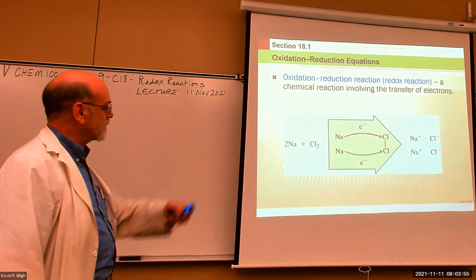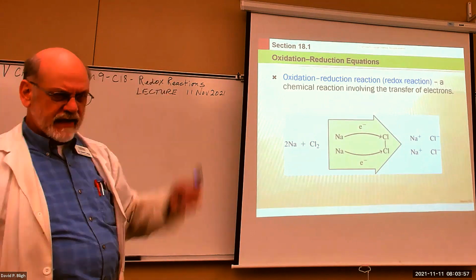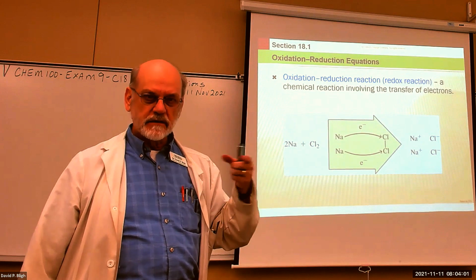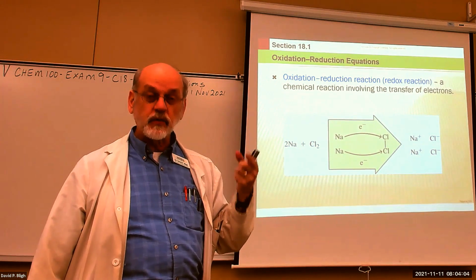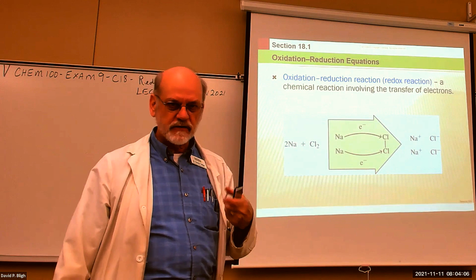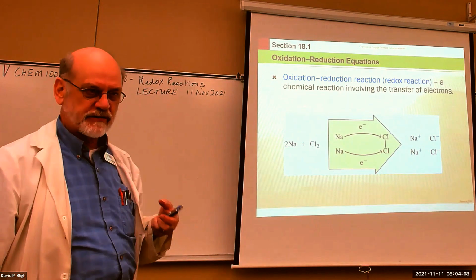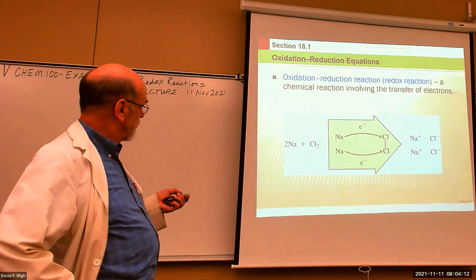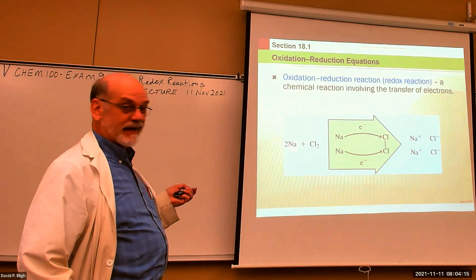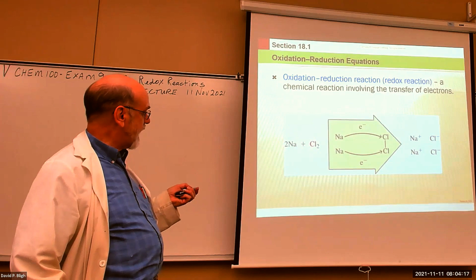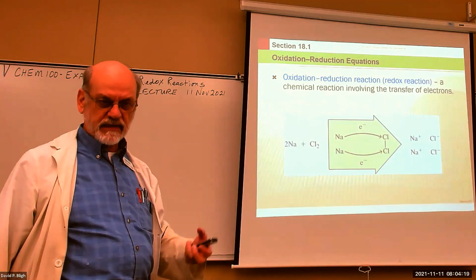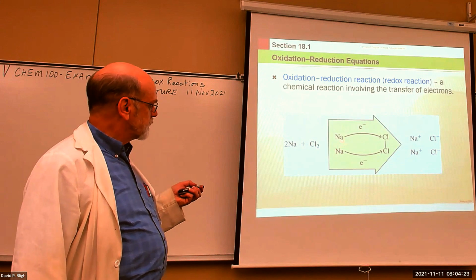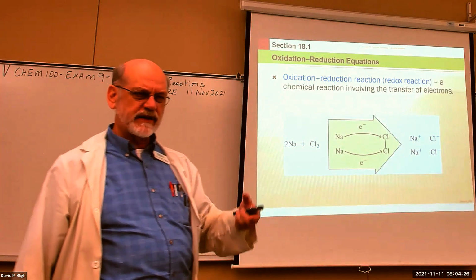Okay, what do we mean by oxidation reduction? Any type of reaction where electrons are transferred between reactants to form products would classify as a redox reaction. Here's an example where you have sodium metal and chlorine gas mixed together, and when they react, sodium, being a metal, likes to give up electrons.